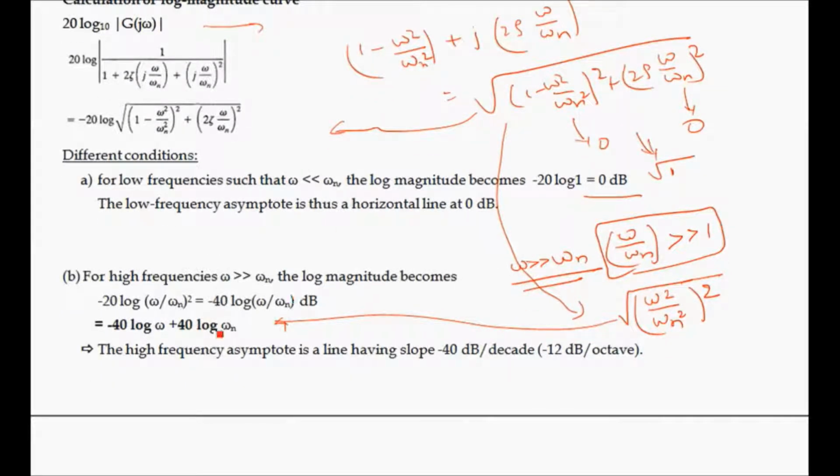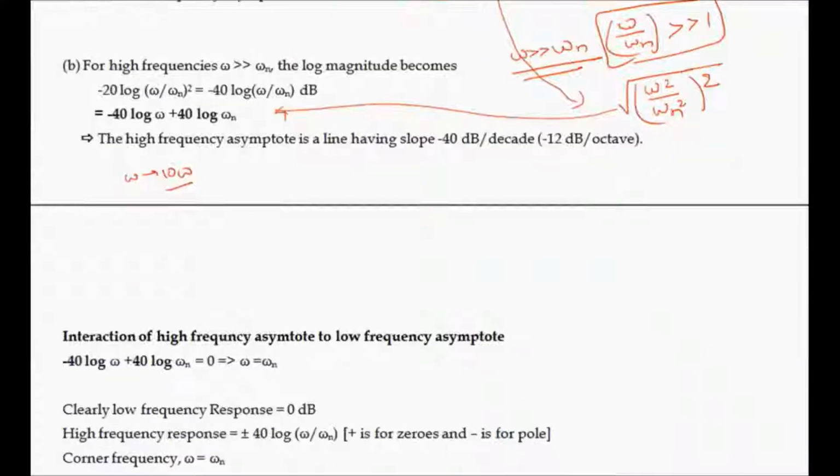If you replace omega by 10 omega, then this will change by minus 40 dB, while the remaining term will be constant. So the slope will change by minus 40 dB per decade or minus 12 dB per octave.